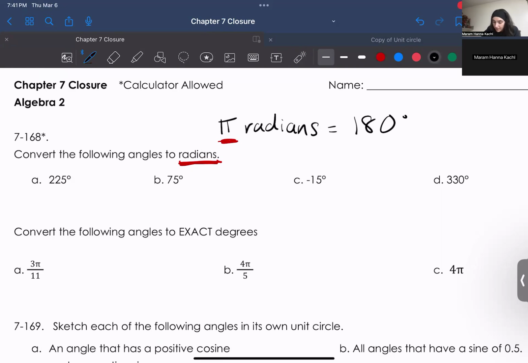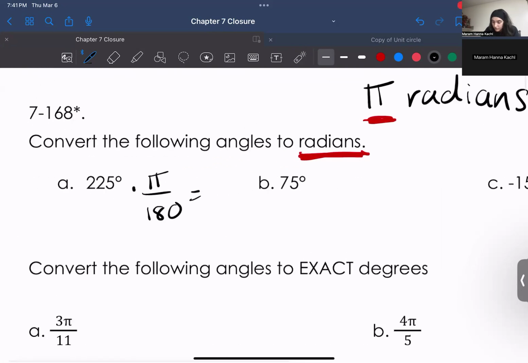So I'm going to multiply by pi over 180. At this point, I've got 225 pi divided by 180. You always simplify the fraction if you can. You'd have your calculator for this part. Dividing both of those by 45 gives us 5 pi over 4. And that's our final answer for that.